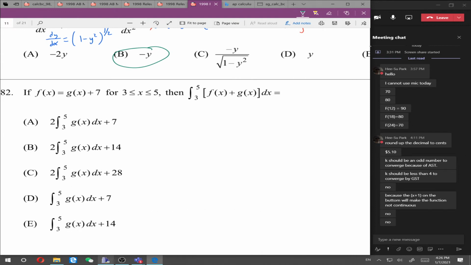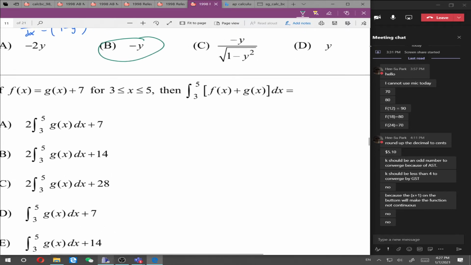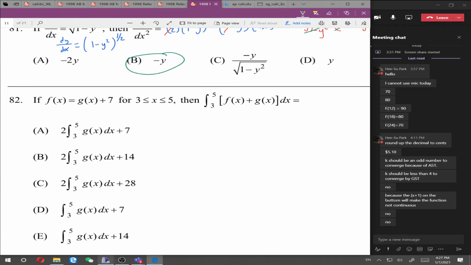For the next one, f of x is g of x plus 7 between 3 and 5. I want to know what the integral of f of x plus g of x would be from 3 to 5. I think if I was going to do this, I would rewrite this completely in terms of g of x.